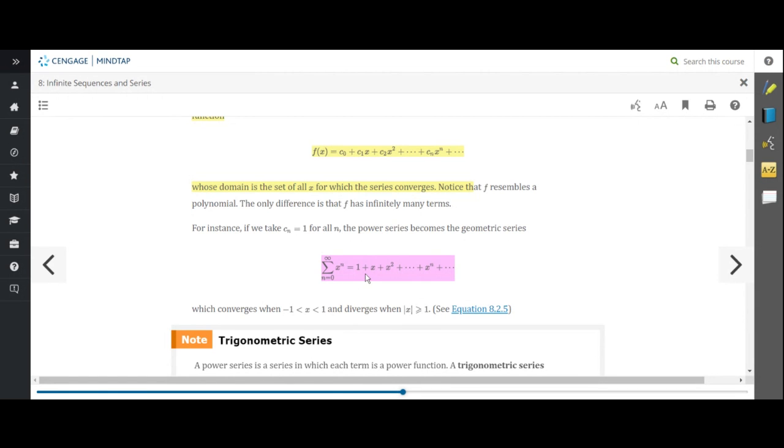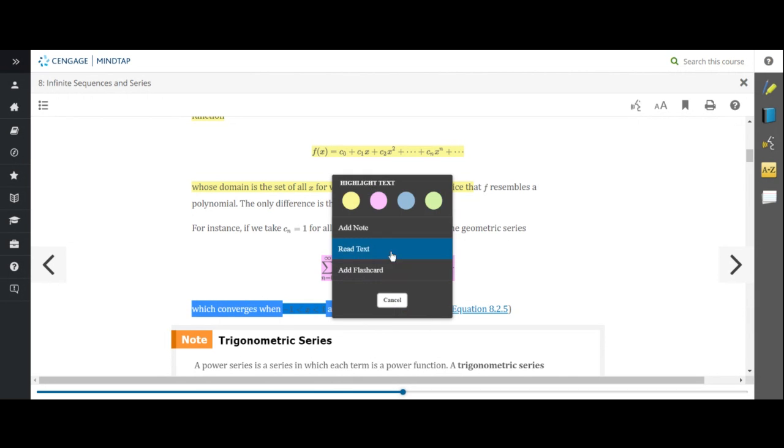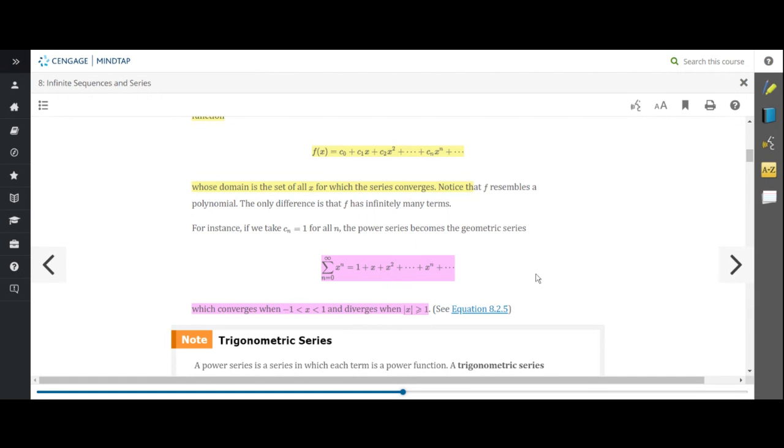Because 1 times x is x, times x is x squared, and so forth. This power series will converge when x is between -1 and 1, because that's the same thing as saying the absolute value of the common ratio x is less than 1. And that power series diverges when the absolute value of the common ratio x is greater than or equal to 1.